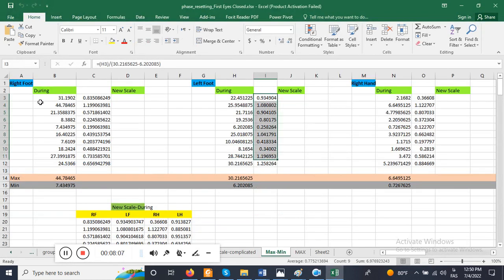For example, here we have phase shifts for right foot, left foot, right hand and left hand, and here are the standardized values.